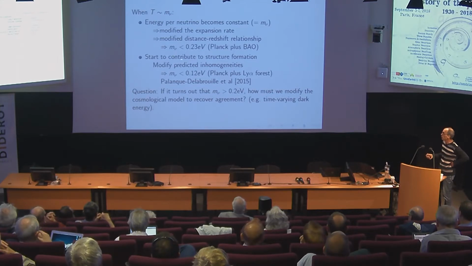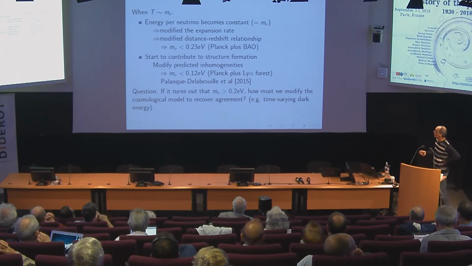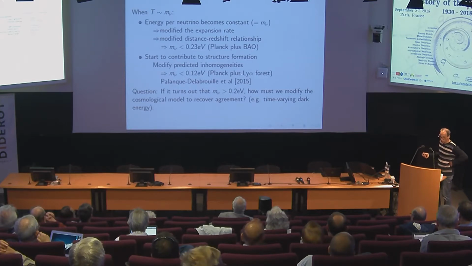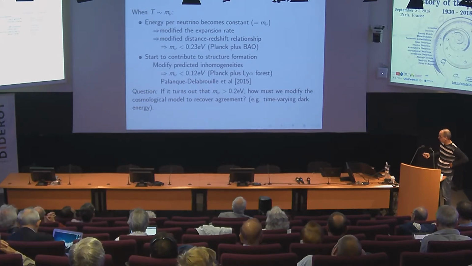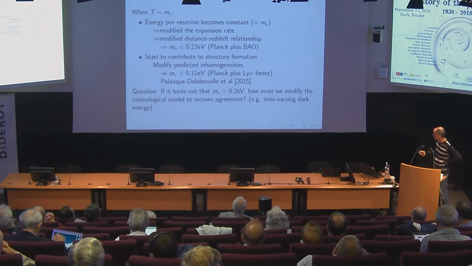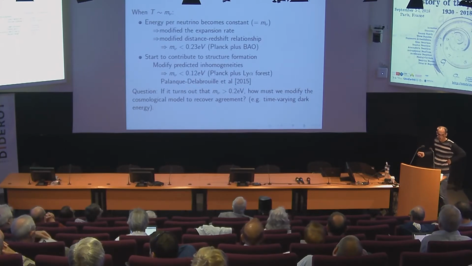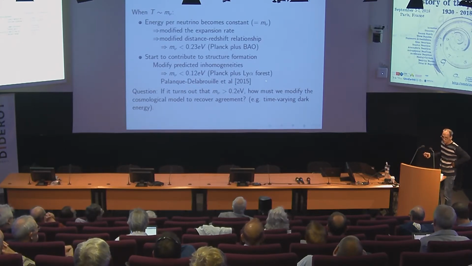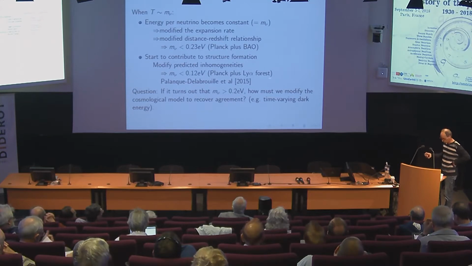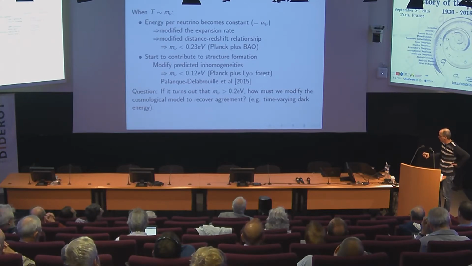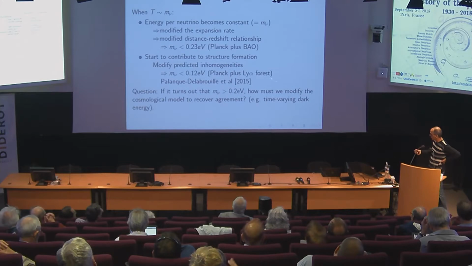There are limits that are now starting to cluster around 0.12 electron volts. That's from the structure seen in the Lyman alpha forest of quasars. I'm not sure everybody knows what the Lyman alpha forest is, but it's a spectrum. It's the spatial distribution of absorbing clouds between us and a quasar.